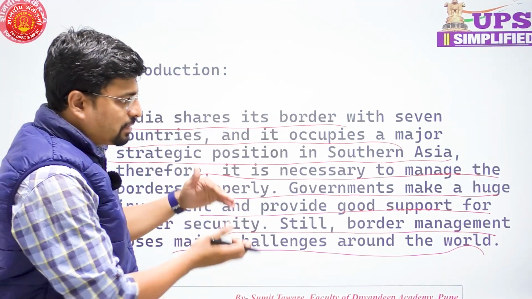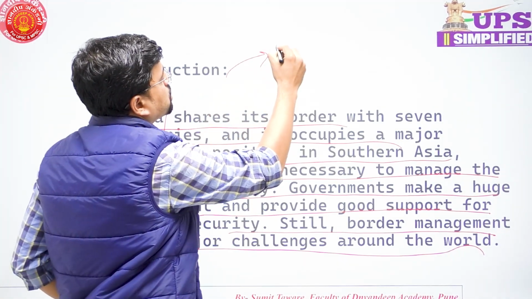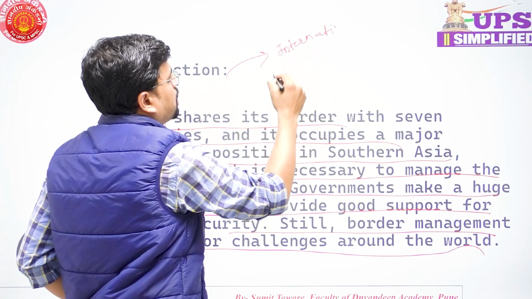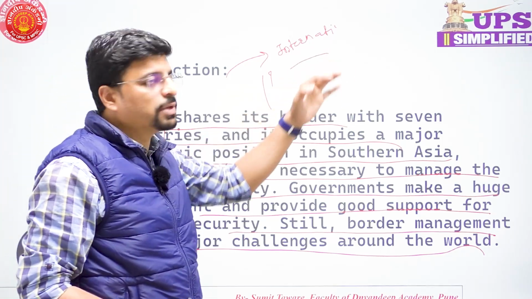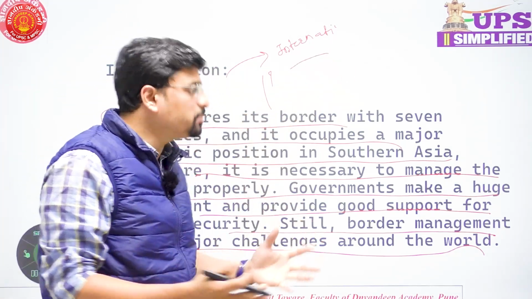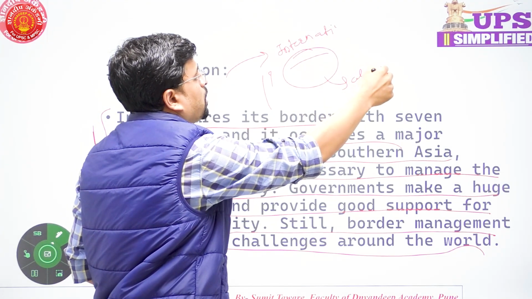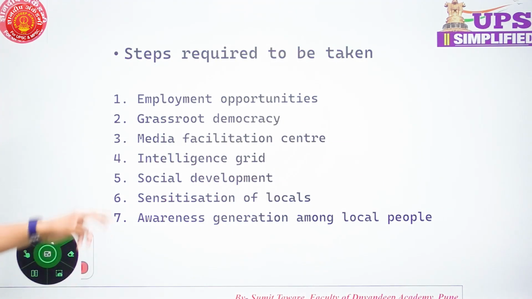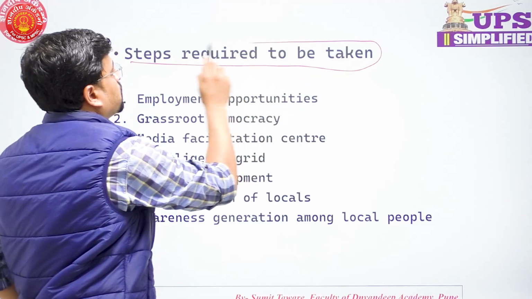You can write the introduction this way, or you can also mention India's international border: how much maritime border and how much land border we have, and what problems are created along these border areas.